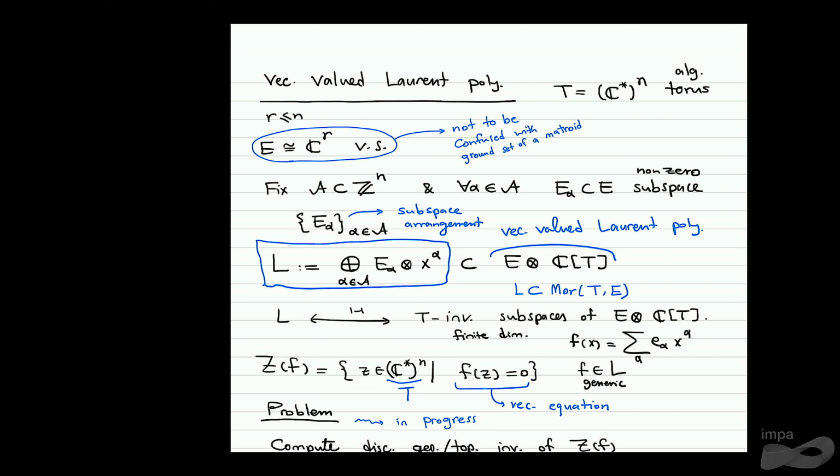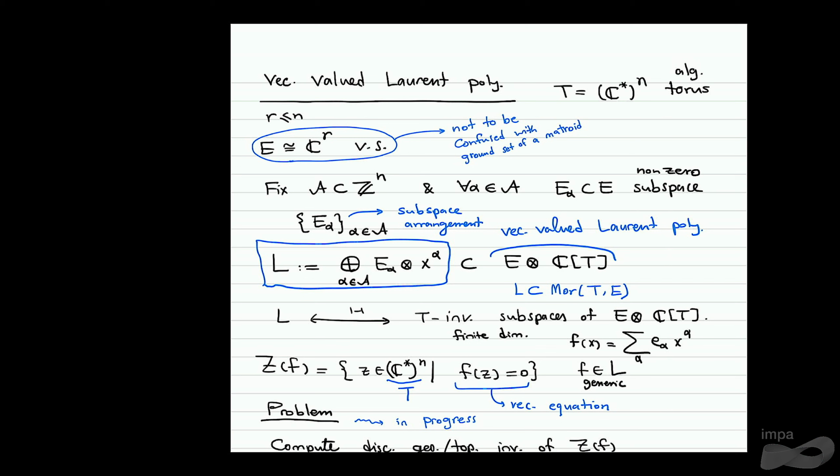The data I'm given is the following. As before, I'm given a finite set of lattice points, each of which I think of as a monomial. And for each alpha in A, I'm given a non-zero subspace E_alpha in the vector space E. It's given but arbitrary, so there is no restriction on the choice of these E_alphas.